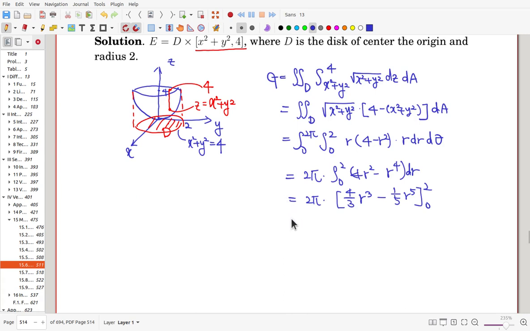So this is 2 pi times 32 over 3 minus 32 over 5. 32 can go out, so it's 64 pi times 1/3 minus 1/5, which is the same as 2 over 15. So eventually we have 128 pi over 15, right?